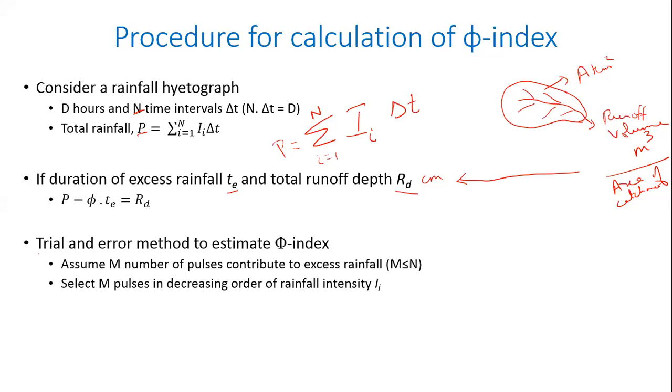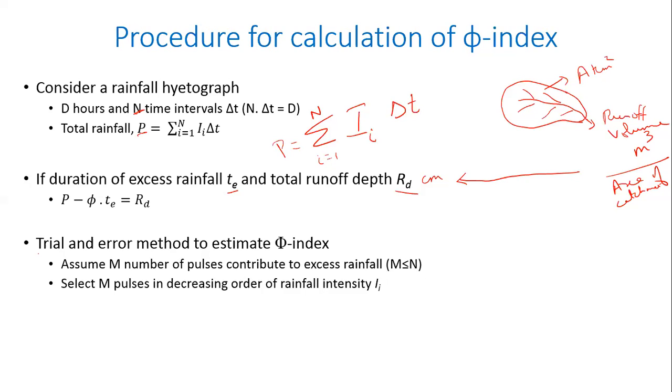In that previous example, n was 7 and m was 5, so I only pick the 5 time intervals which have the highest rainfall intensity. I neglect those 2 small intervals that don't have intensity greater than the phi index. Of course, we don't know the solution beforehand, but I'm just talking about that in general.